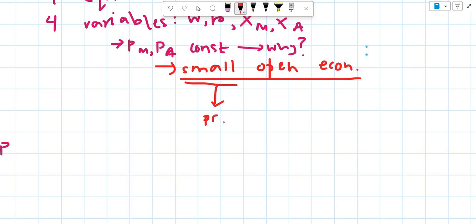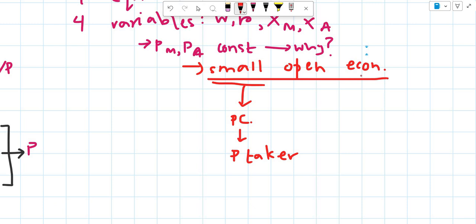Remember perfect competition, how every firm is a small part of the economy? That same idea is applying here. In perfect competition, basically because every firm is a small part of the market, they are all price takers. That same logic applies here. Because the economy is small, the economy also acts as a price taker.